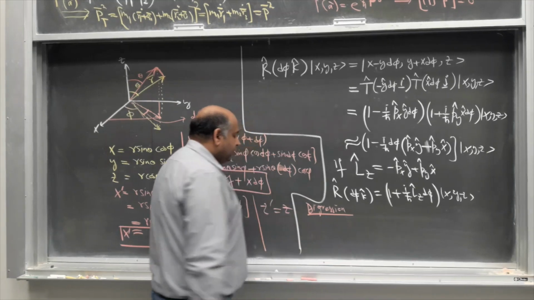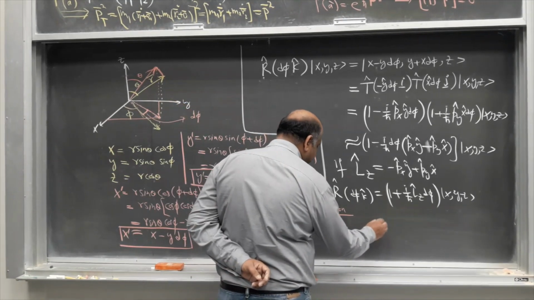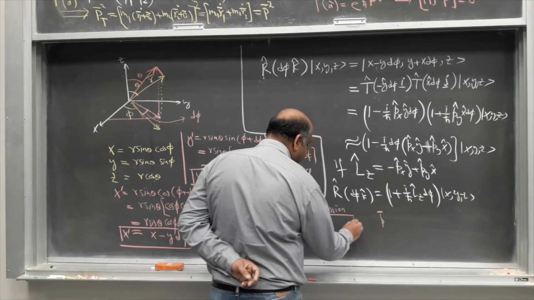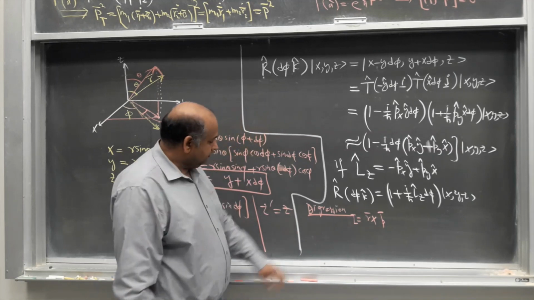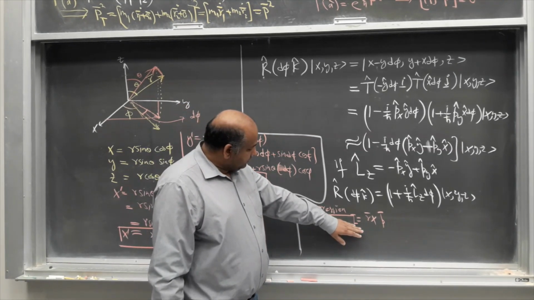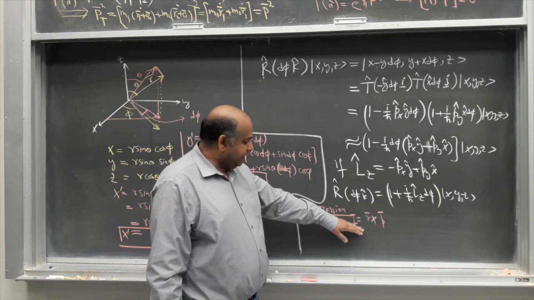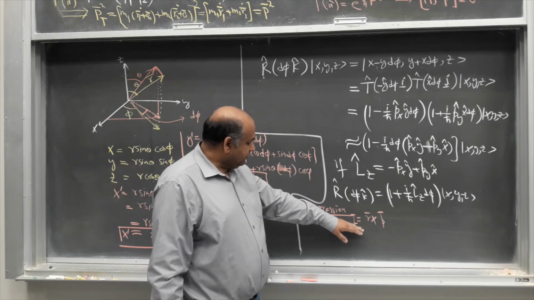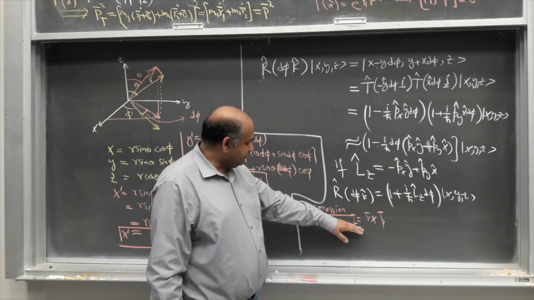We know that linear momentum in classical mechanics is p, and orbital angular momentum in classical mechanics can be defined as r cross p. Which means that we can use the postulates of quantum mechanics, where we can translate the observables from classical mechanics to operators in quantum mechanics.